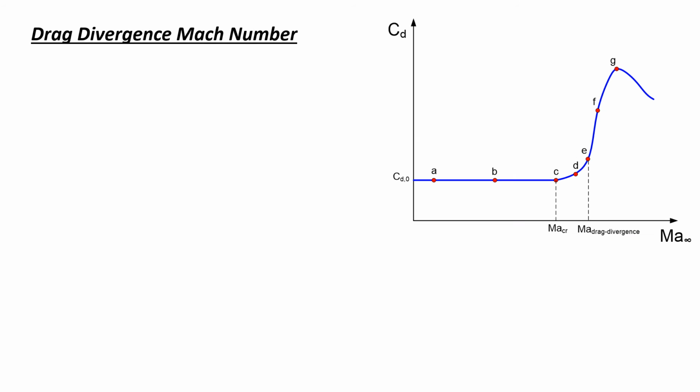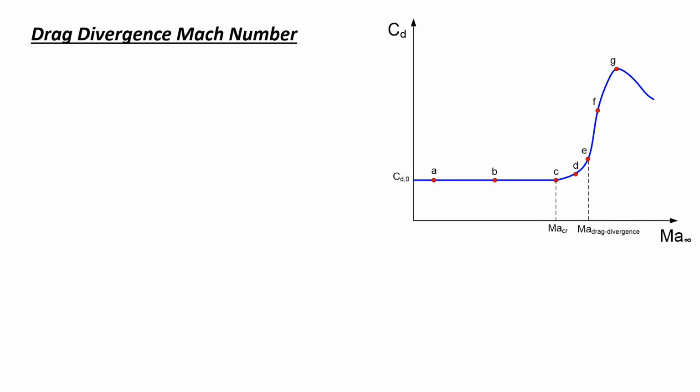Now let's move to the drag divergence Mach number. I've included a curve here. The horizontal axis is the free stream Mach number, and the vertical axis is the drag coefficient. It describes the variation of the drag coefficient with respect to the increasing free stream Mach number.